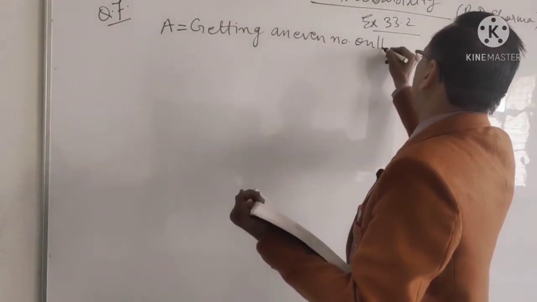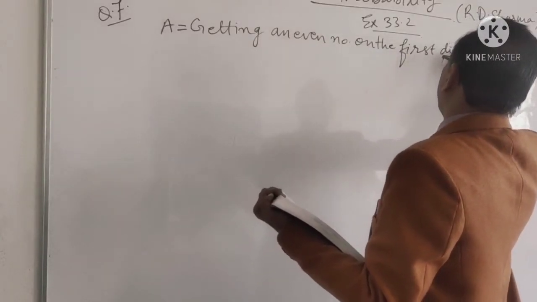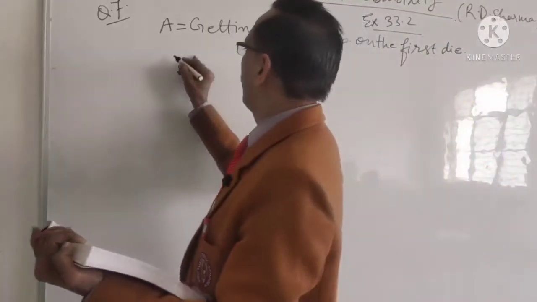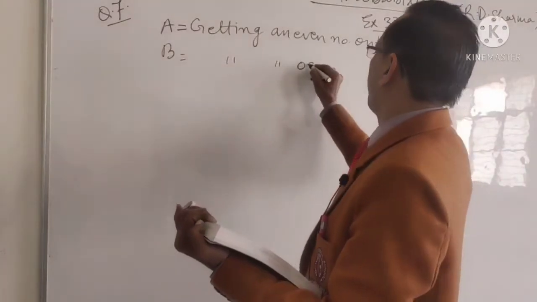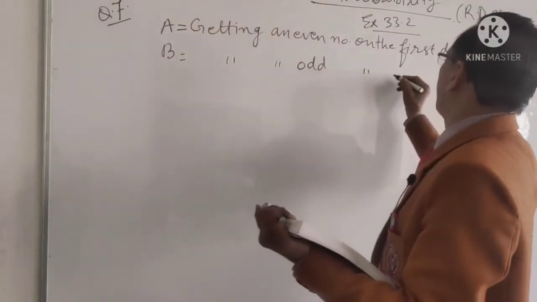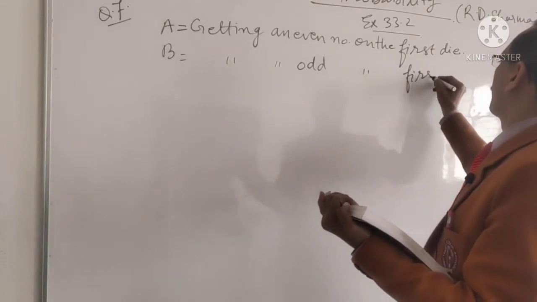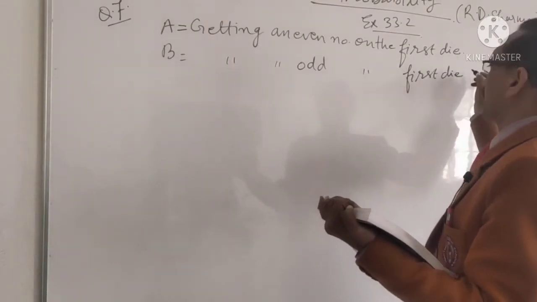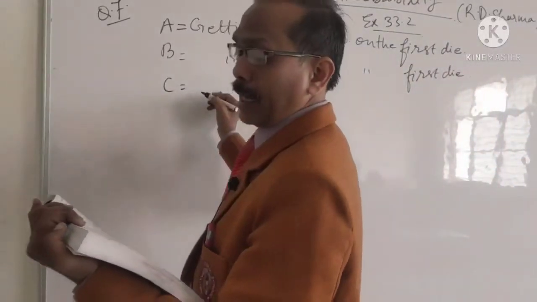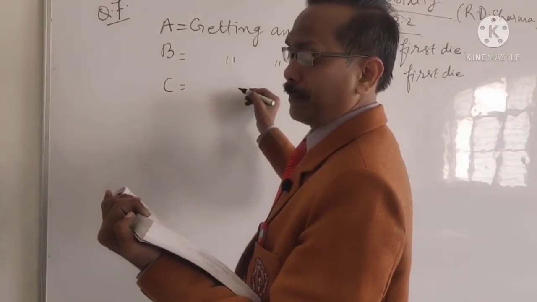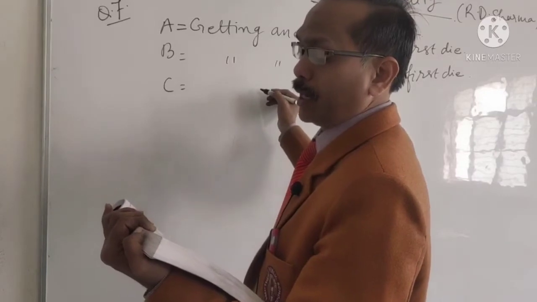B, getting an odd number on the first die. C, getting at most 5 as the sum of the two dice.